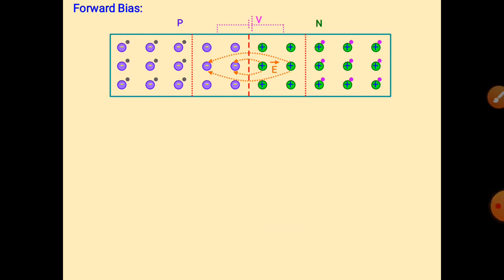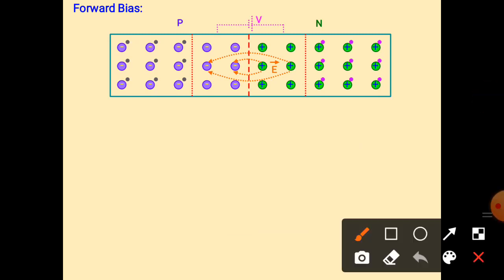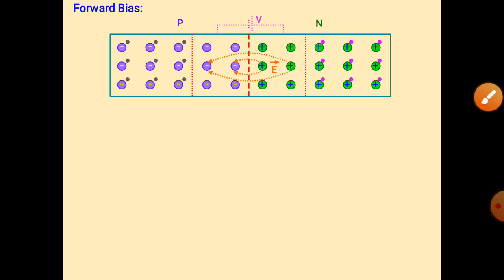The positive P type semiconductor connects with the positive terminal of the battery, and the negative semiconductor connects with the negative terminal of the battery. Positive to positive, negative to negative, then we call it forward bias of the PN junction diode, right?